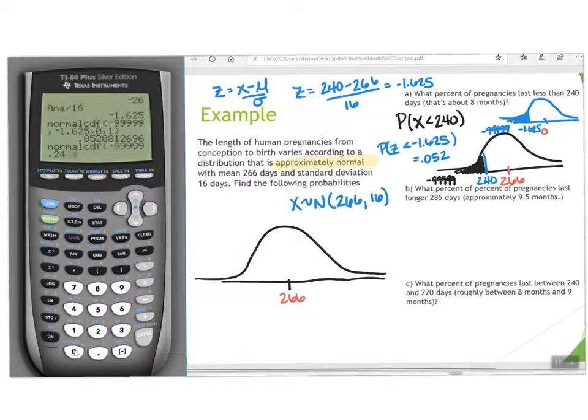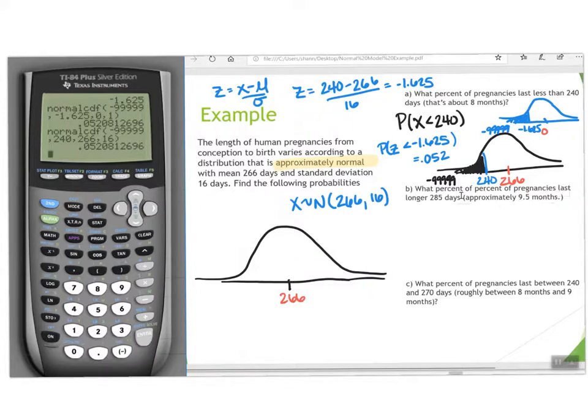We change the mean to 266 and let the standard deviation be 16. Close parentheses and press enter. Notice we get the exact same value. So this is a much quicker way to get the exact same answer, but realize that it's coming from the z-score process.